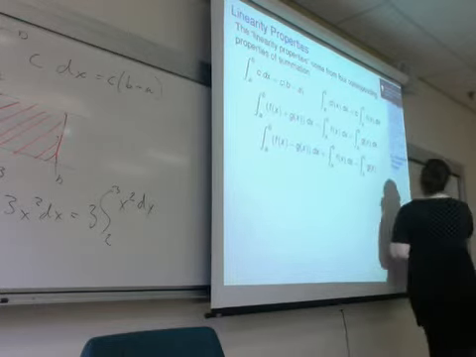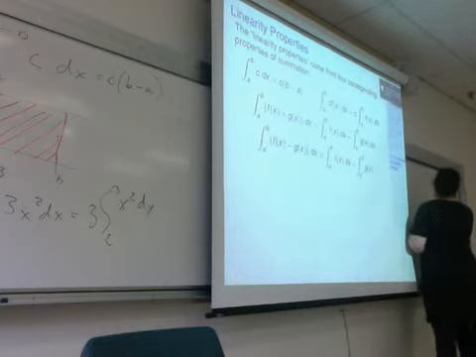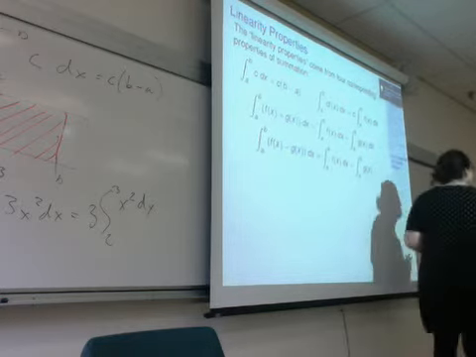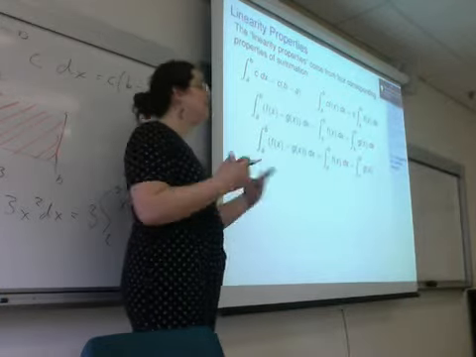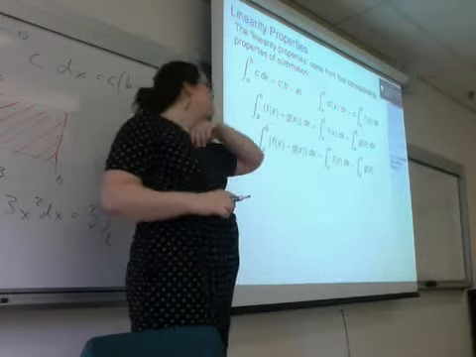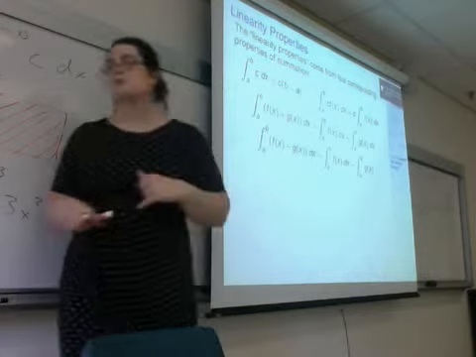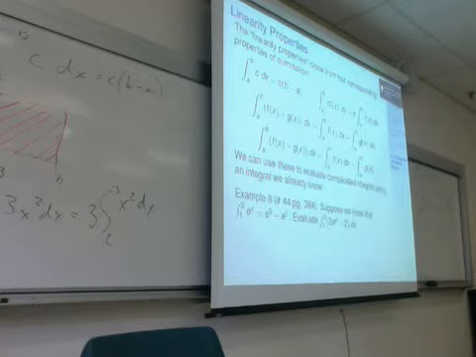And similarly, if instead of a plus we had a minus, this would become a minus. I illustrated these same properties earlier with the sigma, the summation symbol. They work the same way for integrals. So these properties allow you to evaluate complicated integrals using integrals that we already know.